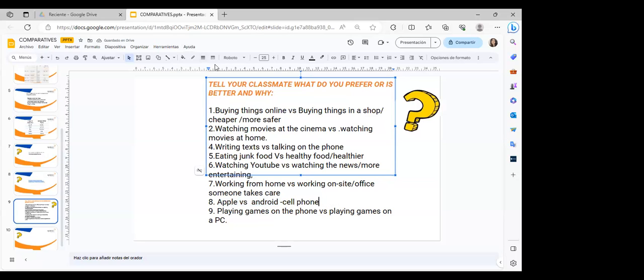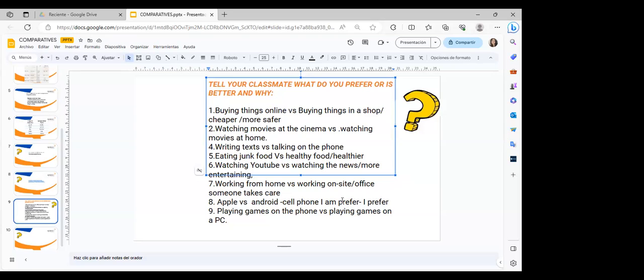I am preferring cell phone Android. Android? Do you say Android? Okay, because is practical, o sea, más práctico. More practical? Más fácil.